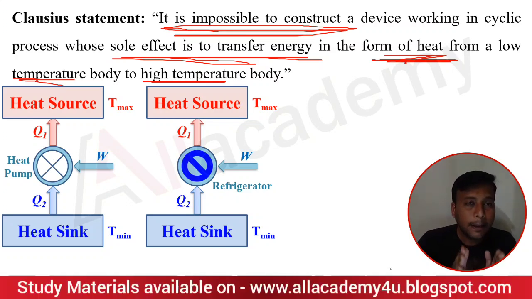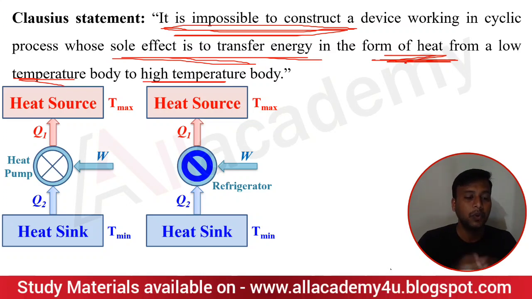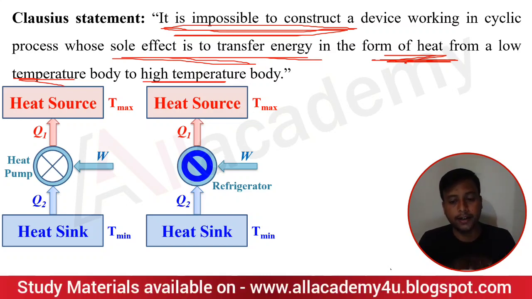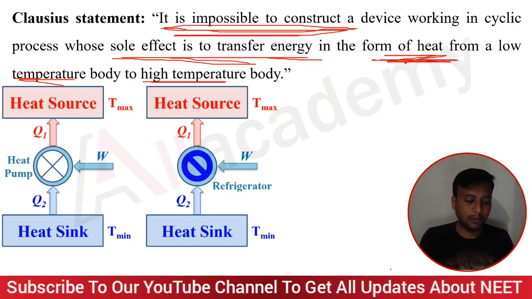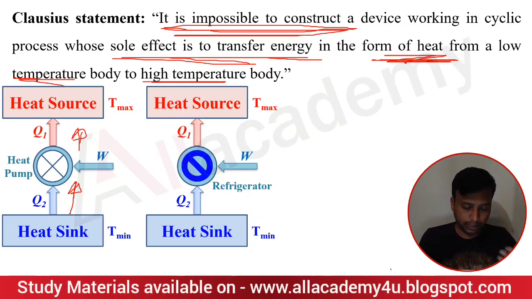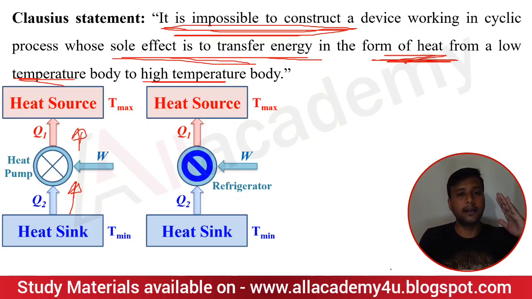It is impossible to construct a device working in a cycle whose sole effect is to transfer energy in the form of heat from a lower temperature body. It is impossible to construct a device working in a cycle which can transmit heat from a lower temperature reservoir to a higher temperature reservoir.